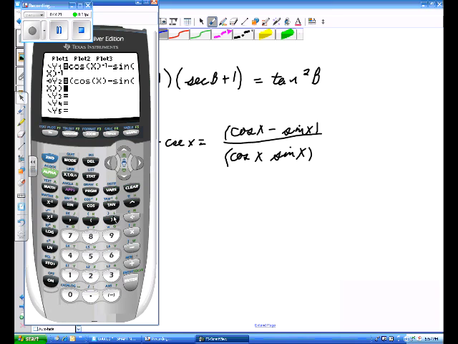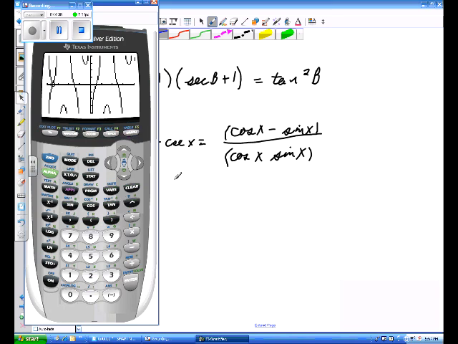I have to close my angle, then close my numerator, divided by parentheses, cosine x times sine x. Close my angle, close my parentheses. And now I'll press graph. Okay, and I can see that it's coming down and it's not graphing right on top of the other one. So these are not the same graphs.